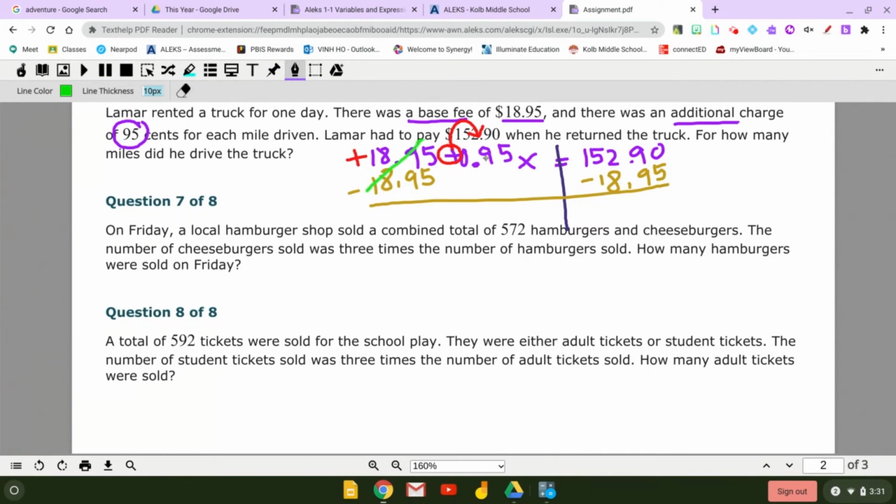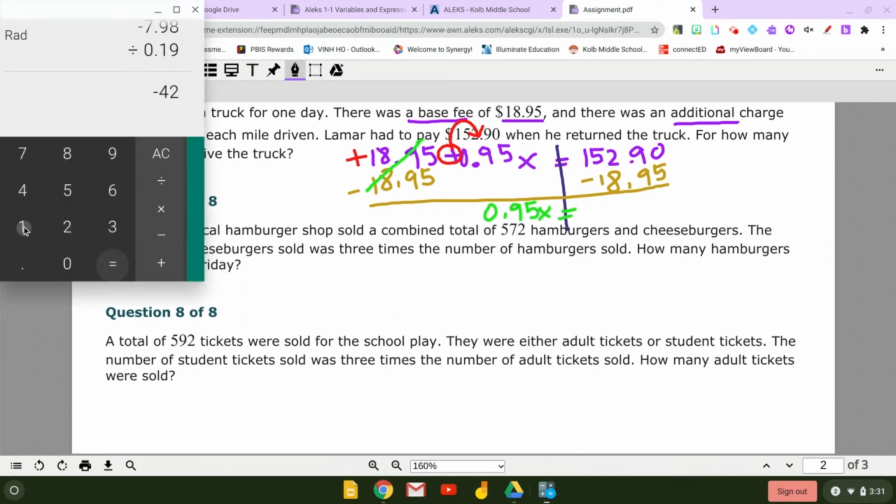So what's left over on this side is 0.95x. Seeing as it's positive, I don't have to write a positive right there. Equal to, now this one we're going to plug into the calculator. 152.90 minus 18.95.